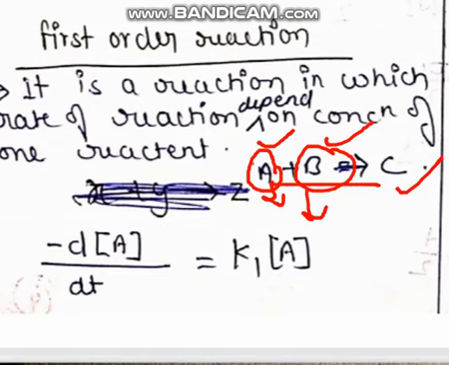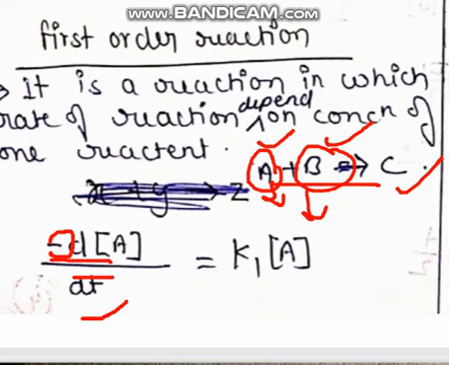So it can be represented as minus dA upon dt is equal to K1 [A]. Here the sign of minus represents that with respect to time the concentration of A is going to decrease.